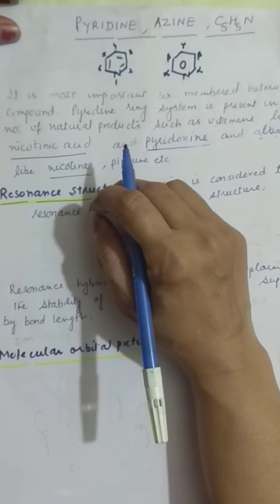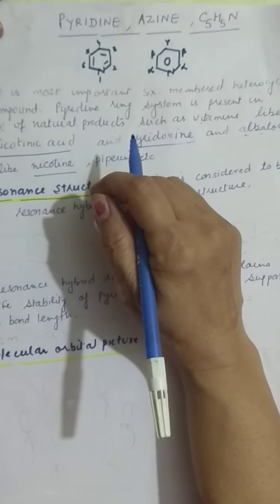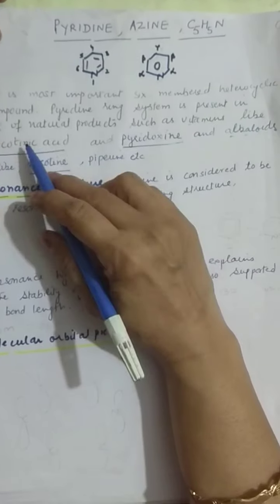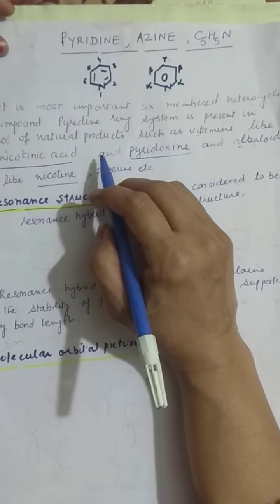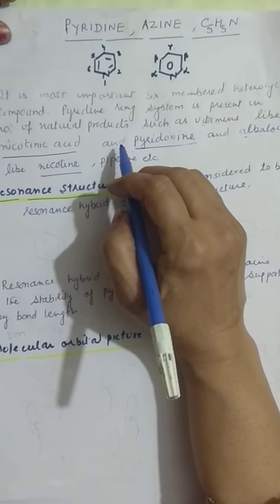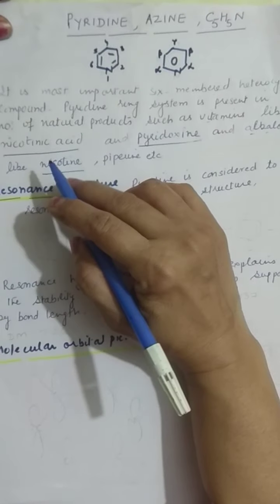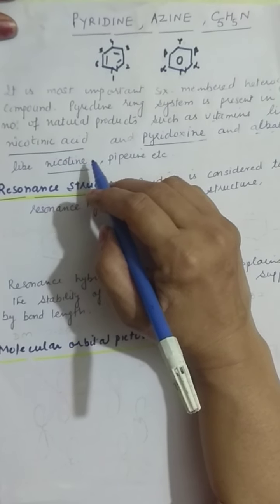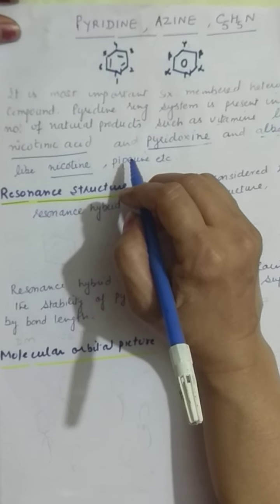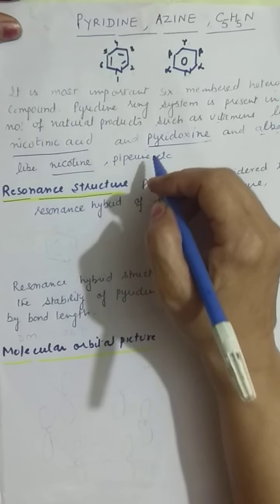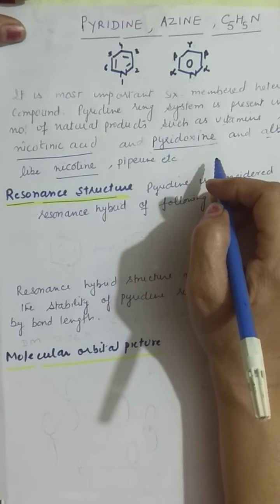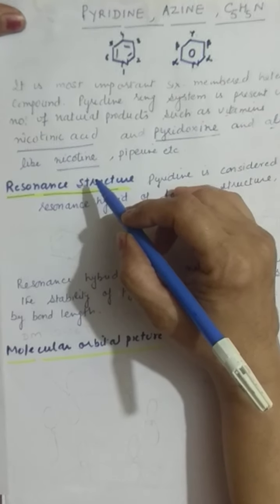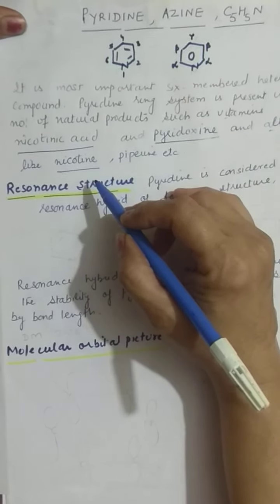This pyridine ring system is present in a number of natural products such as vitamins like nicotinic acid and pyridoxine, and it is also present in most of the alkaloids like nicotine and piperine.